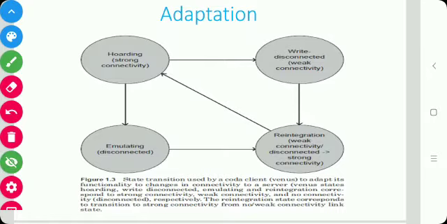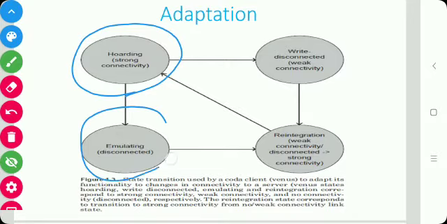This is the hoarding state. Here Venus has strong connectivity with the server. In this state, the client aggressively prefetches files from the server to store locally. The second state is the emulating state. Venus is in the emulating state when it is disconnected from the server.